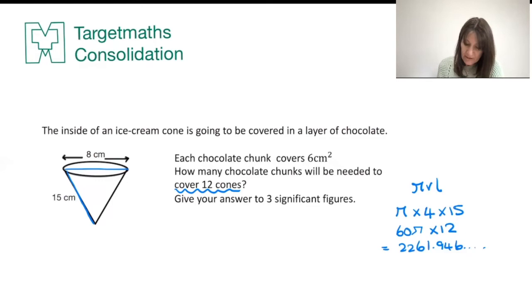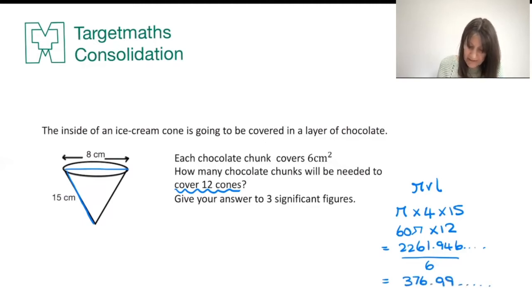Going back and reading the question, I'm told that each chunk of chocolate covers 6 centimeters squared. How many chocolate chunks will I need? So this is the total surface area of the cones, which I now need to divide through by 6 in order to work out how many chunks I'm going to need. So when I do that, I get 376.99, and on and on it goes.